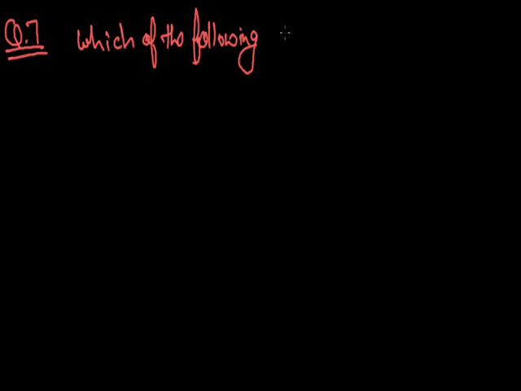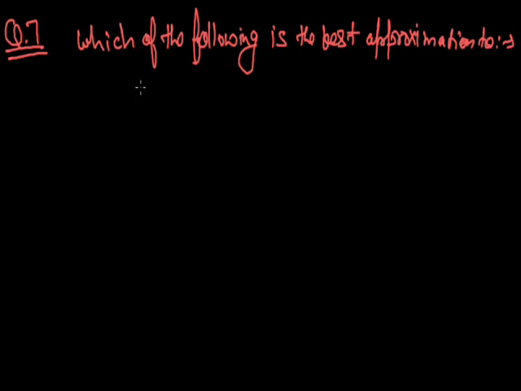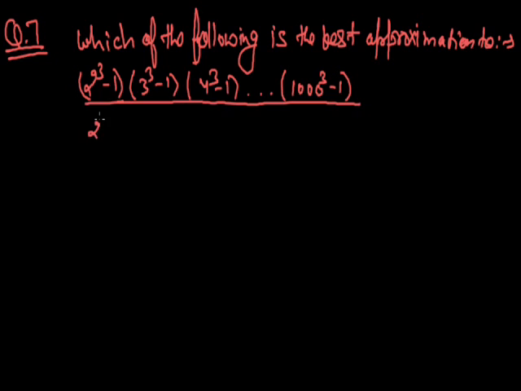Moving to our next question, question number 7, which of the following is the best approximation to (2 cube minus 1)(3 cube minus 1)(4 cube minus 1) up to (1000 cube minus 1) whole upon (2 cube plus 1)(3 cube plus 1)(4 cube plus 1) up to (1000 cube plus 1).